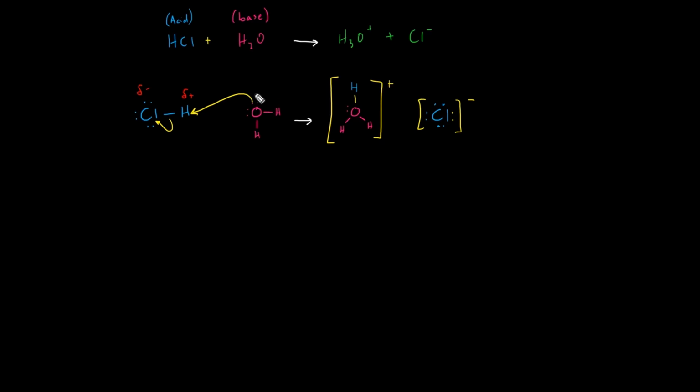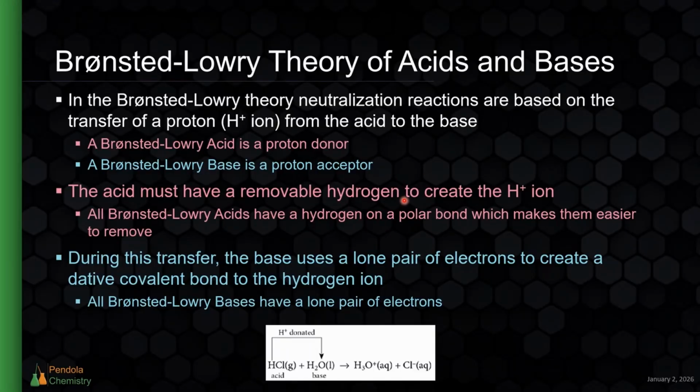The base is using its lone pair of electrons to pick up the hydrogen from the acid and therefore breaking the polar bond where the hydrogen is on the acid. All right, let's go back to the PowerPoint. So that is the Brønsted-Lowry theory of acids and bases.